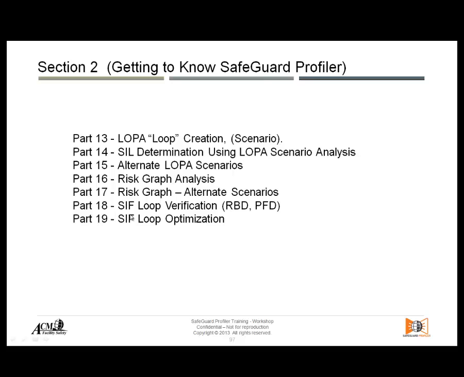Then we will work with safety implemented function loop verification. That means working with reliability block diagrams and how to create them with SafeGuard Profiler, to come up with the probability of failure on demand and all the factors that affect each element in a safety implemented function loop. And then we will also go through other videos on loop optimization.